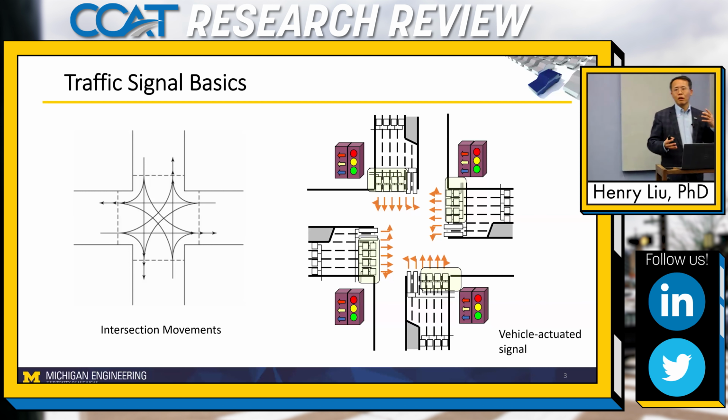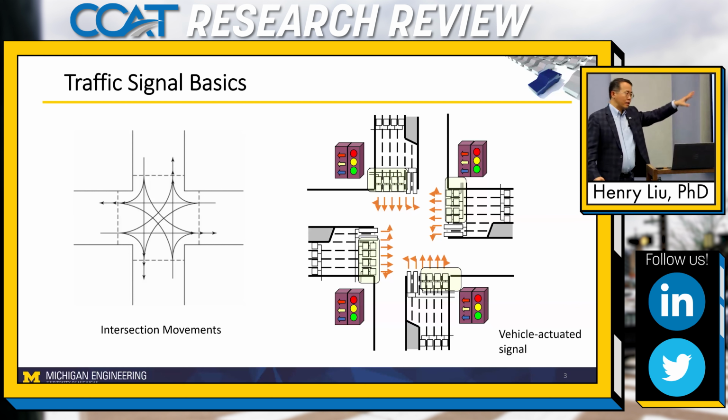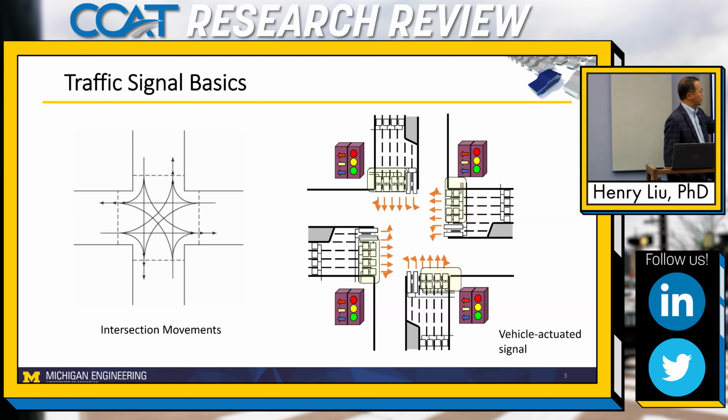If you have a major approach and a minor approach, you don't need all these detectors. For the major approach, you sometimes only need extension detectors because you can assume there are always cars arriving. For the minor approach, you usually have only stop bar detectors because you don't have as many extensions. So there are variations in detectors.